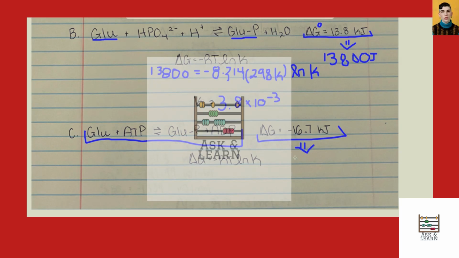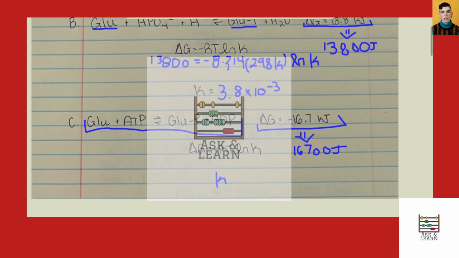So we'll multiply by 1,000 and get 16,700 joules. And then you know what to do from here. So plug and chug. I'm not going to walk you through it, just give you a little bit of practice. Pause the video, go ahead and do that. And K should come out to be 8.5 times 10 to the second.